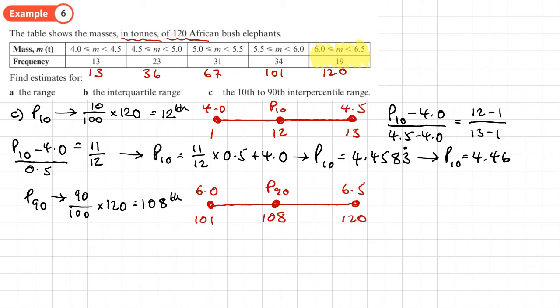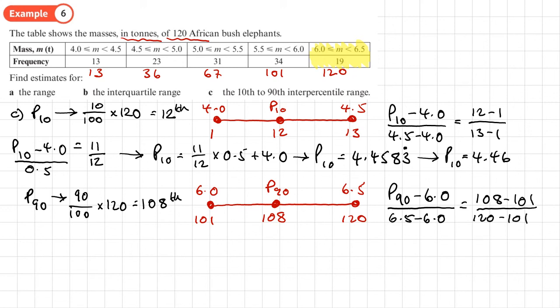Now my equation, P90 minus 6.0 over 6.5 minus 6.0 equals 108 minus 101 over 120 minus 101.